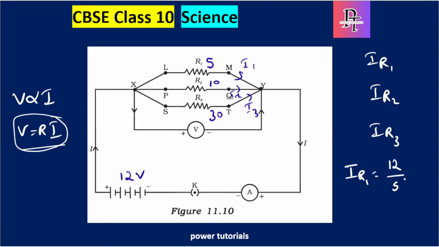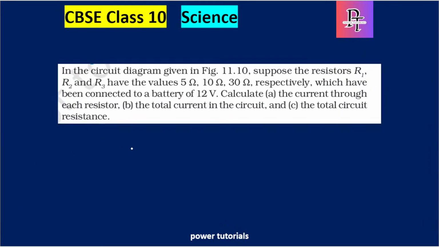So IR1 is 12 by 5, which is 2.4 amperes. IR2 is 12 by R2, which is 10, so 12 by 10 is 1.2 amperes. And we have IR3, I'll write it here.